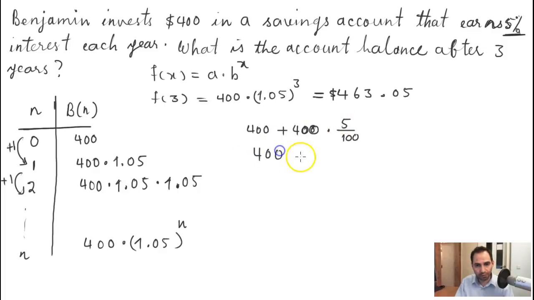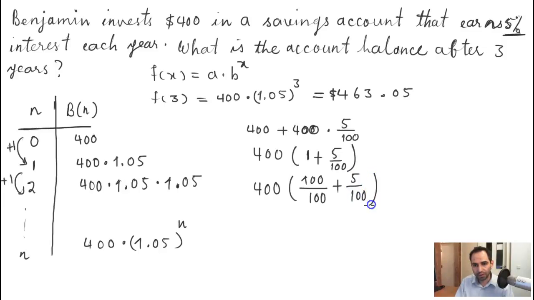Then this becomes 400 times, I'm factoring this out, 1 plus 5 by 100. I can rewrite this as 100 by 100 so that I can simplify this, plus 5 by 100, and this becomes 105 by 100. So 400 times 105 by 100.